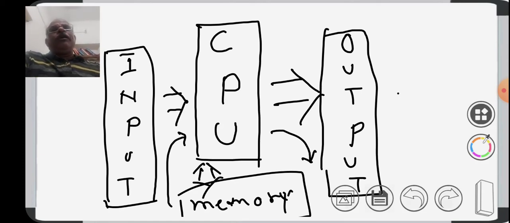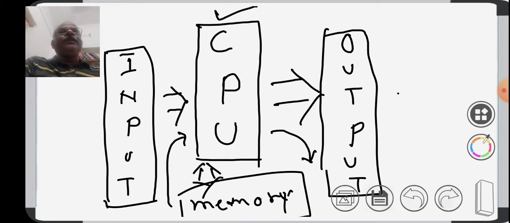So it is now clear that the block diagram of the microcomputer consists of a very important block, the central processing unit, which can be treated as the brain of any computer system. This brain cannot work by itself, because if you have only a brain and no legs and hands to work, it will be very difficult for you to survive.